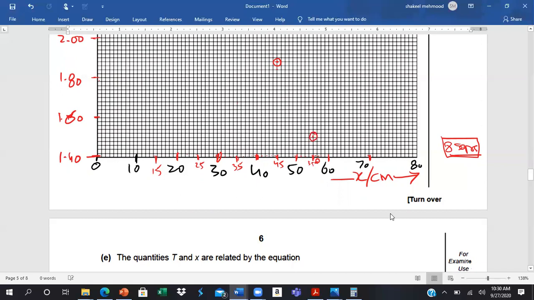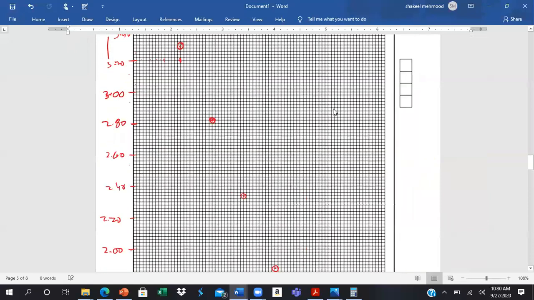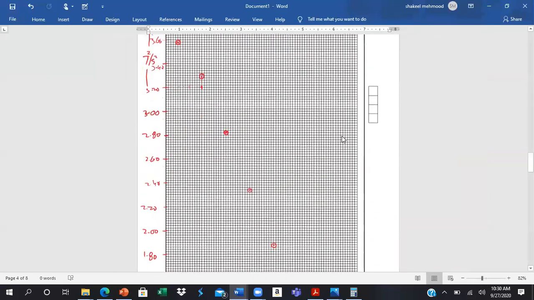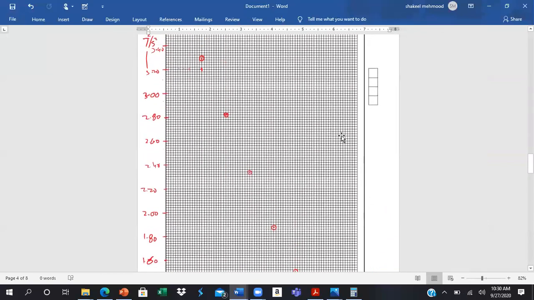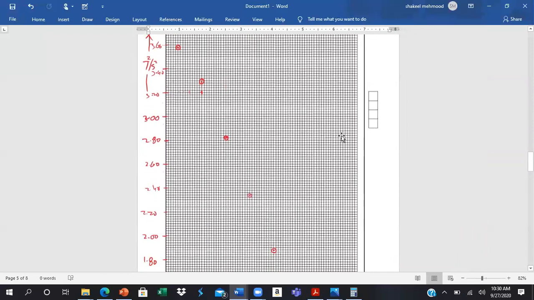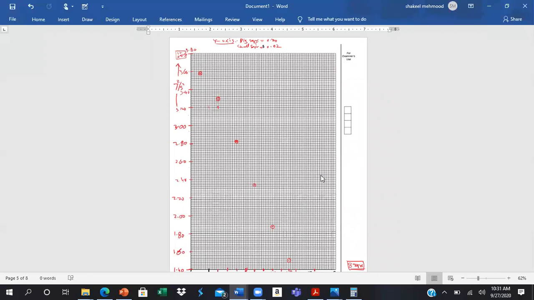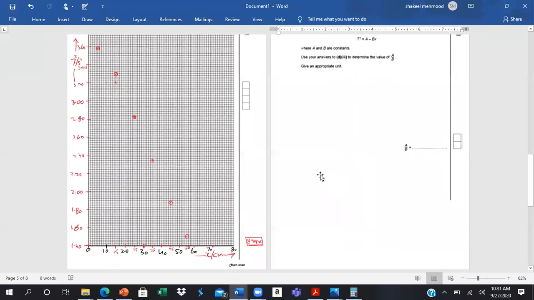Okay, beta. So what you have to do now is draw the best fit line, right? I can't draw it properly now because of the unavailability of the ruler on this. But what I can do is just try.